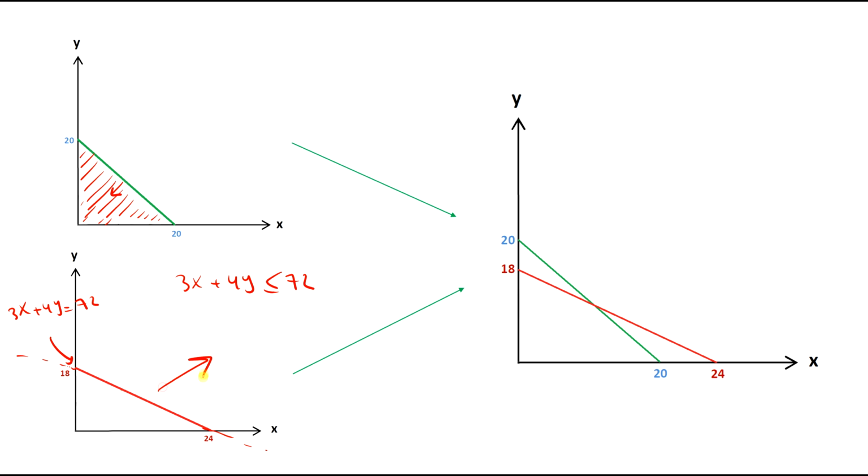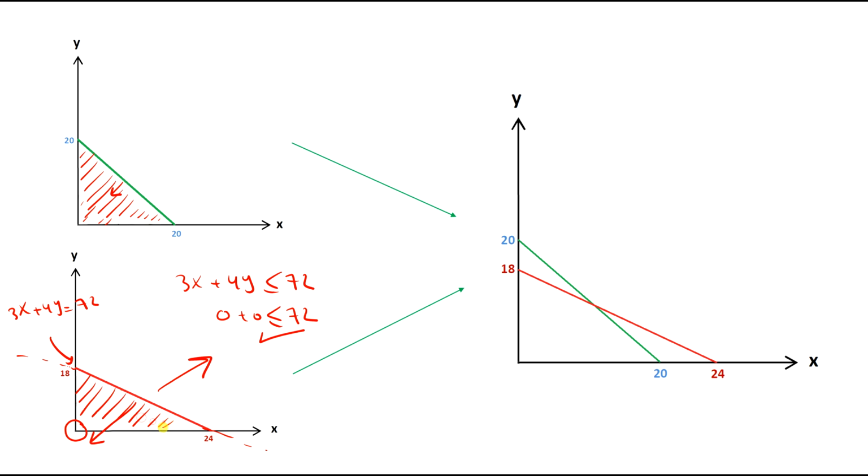Which one satisfies? Again, I will substitute with this point, 0 and 0. So we'll find 3 times 0 plus 4 times 0, 0 plus 0 less than or equal to 72. So it satisfies. It means that this is the region which satisfies the equation.